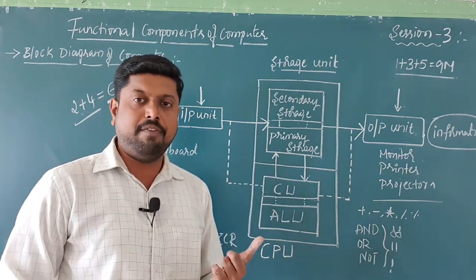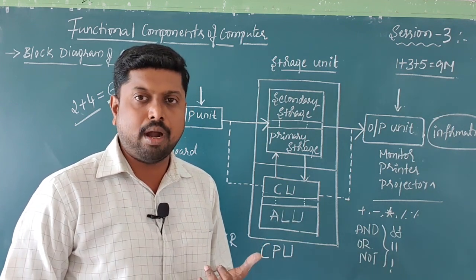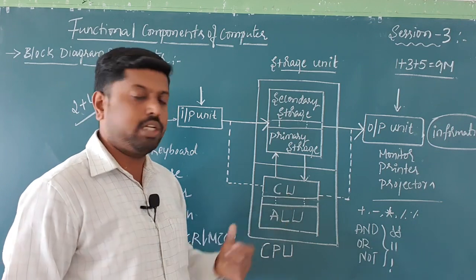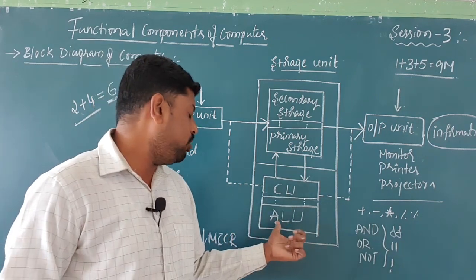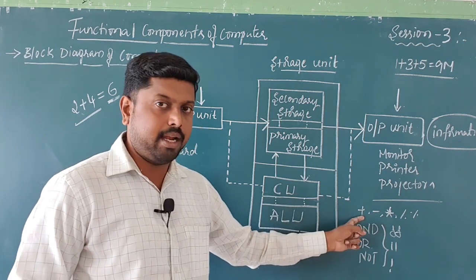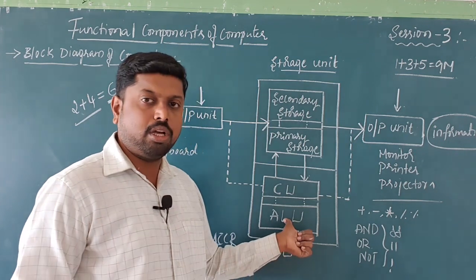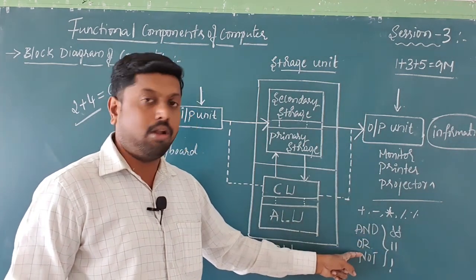Primary storage can store the data permanently or temporarily with the help of RAM and ROM. And CU controls the unit, and ALU is the arithmetical logical unit. Here we have arithmetical operations like addition, subtraction, multiplication, division, modulus, etc. and logical operations like logical AND, logical OR, logical NOT.